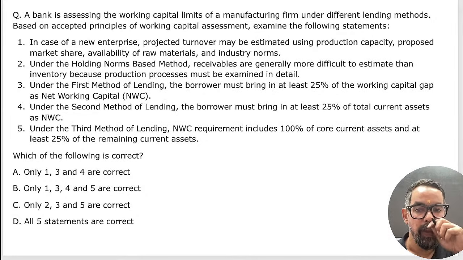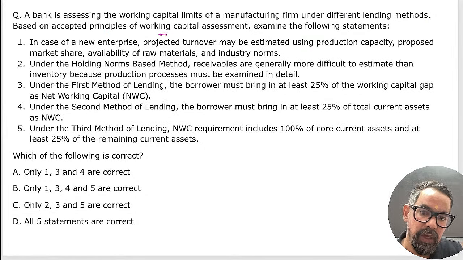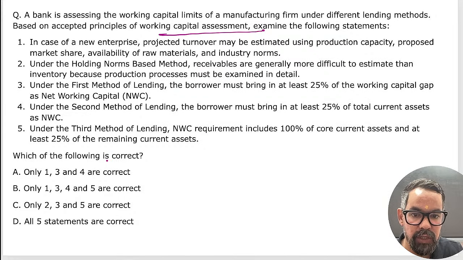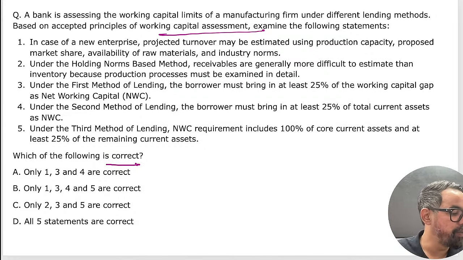Okay. Three methods of lending. Manufacturing firms use different lending methods based on the accepted principles of working capital assessment. You have to go through this one and find out the correct one.